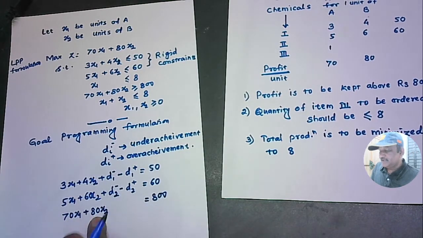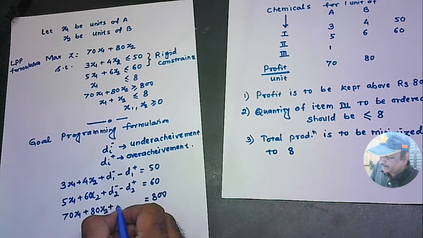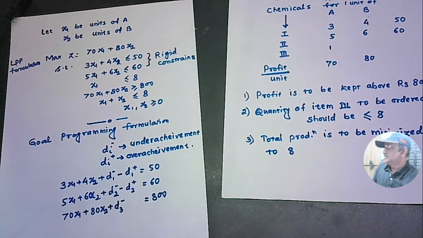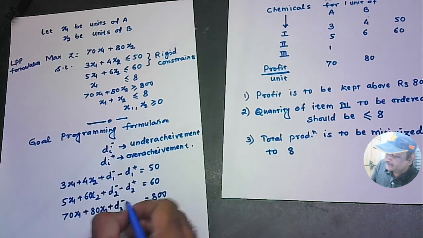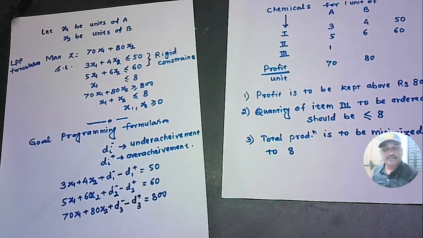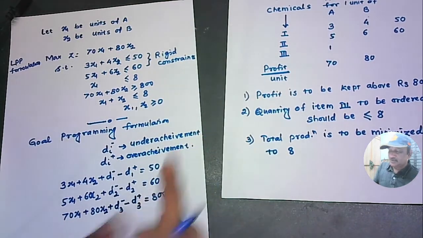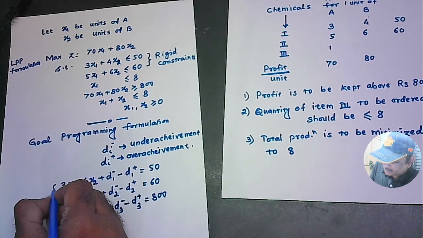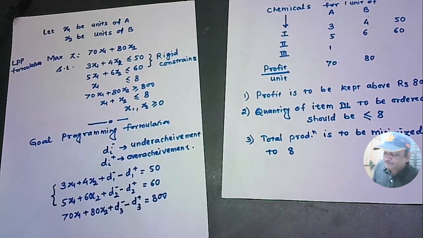Now, if this side is less than 800, we will have to add the underachievement of the profit, that will be d3 minus. And if this side is more than 800, then I will have to subtract the overachievement, d3 plus. So the first goal I have taken care of. This is not as rigid as these were.